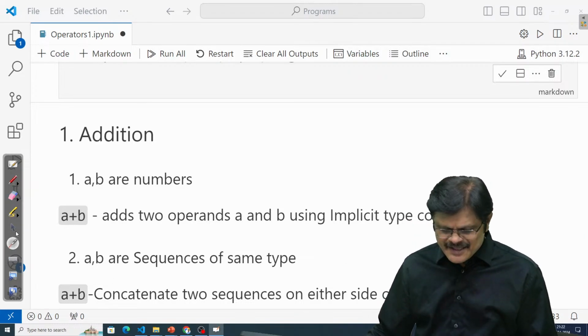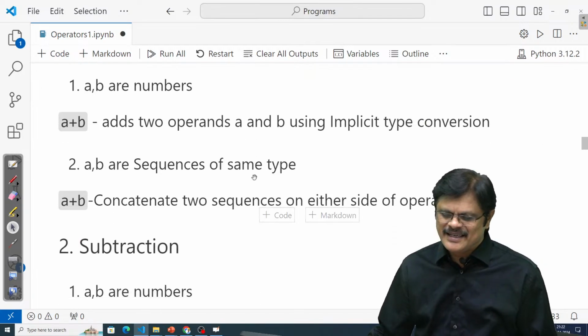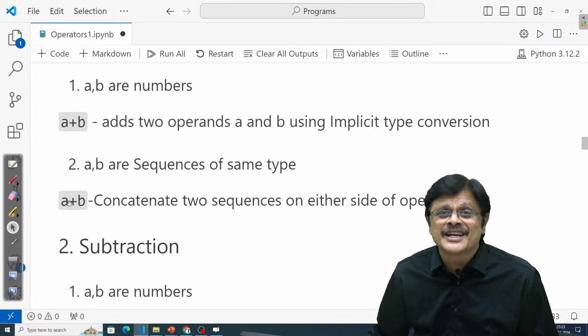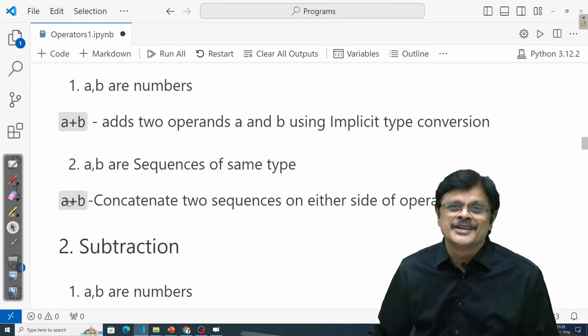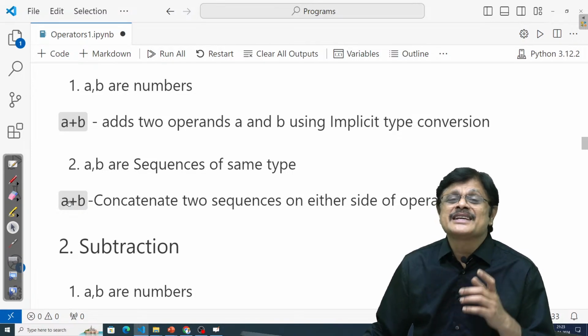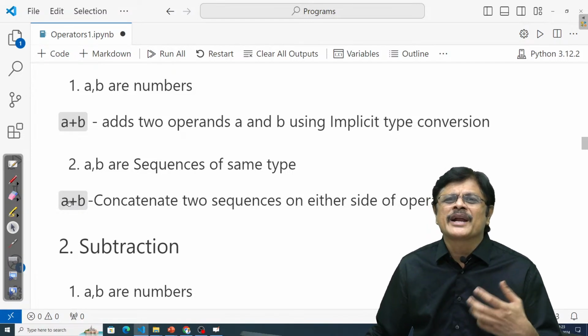And a very, very interesting thing is, if you are using this plus with the sequences, it is not addition, it is actually the concatenation operation. So the plus operator with sequences is the concatenation operator. This is called operator overloading.